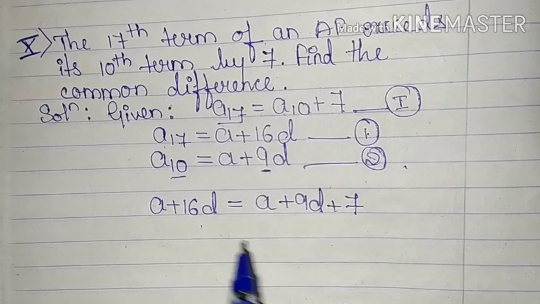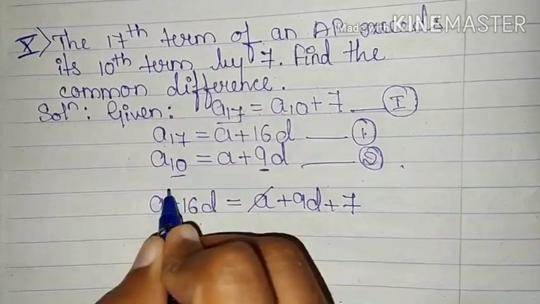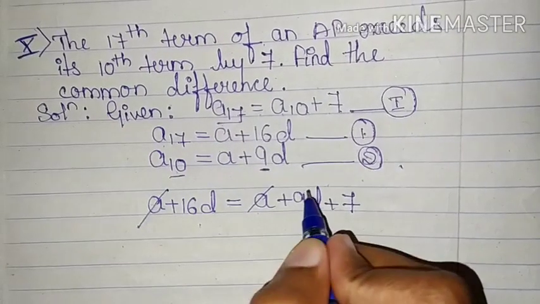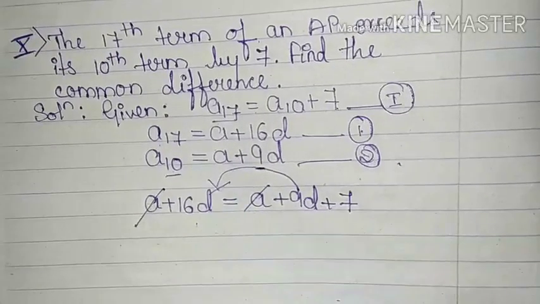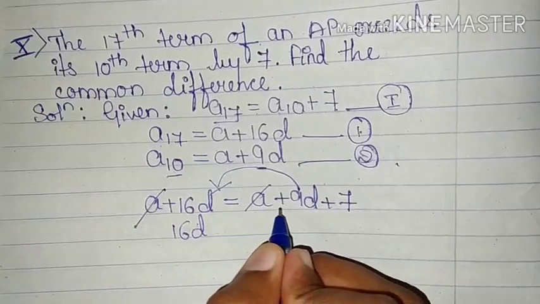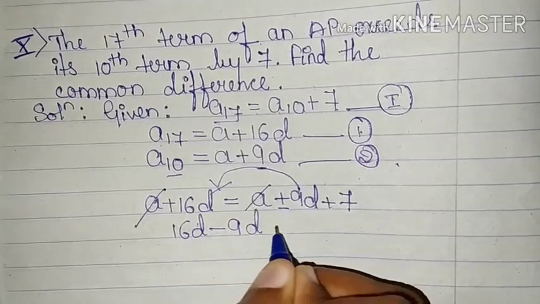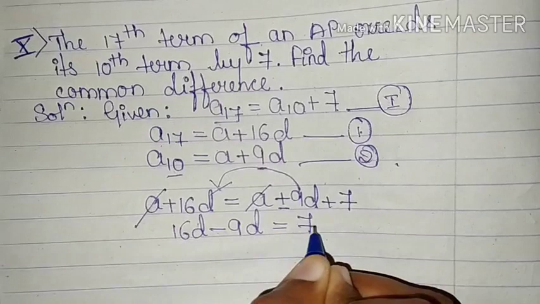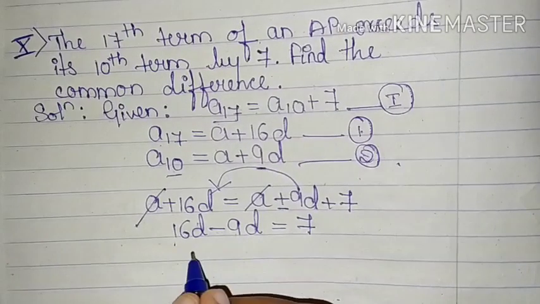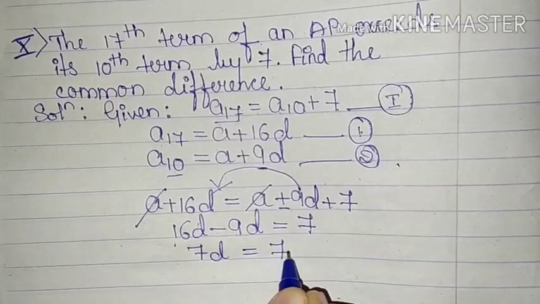Okay, so now let's start simplifying this. A cancels out. Now I'll transpose 9D to the left side. 16D, since it is plus here, it will become minus 9D is equal to 7. 16 minus 9 is 7D is equal to 7.